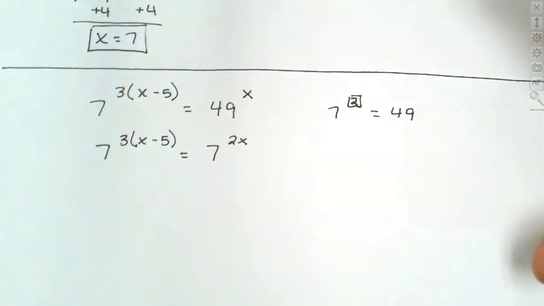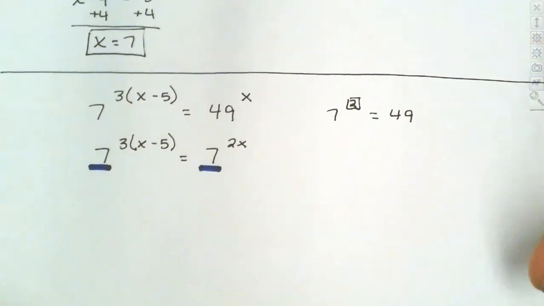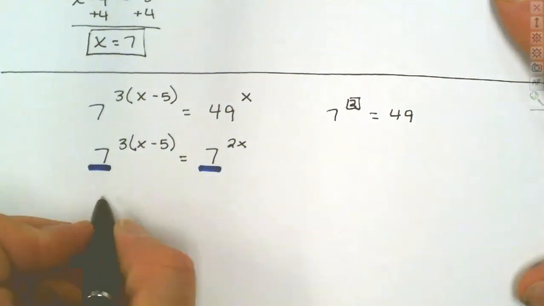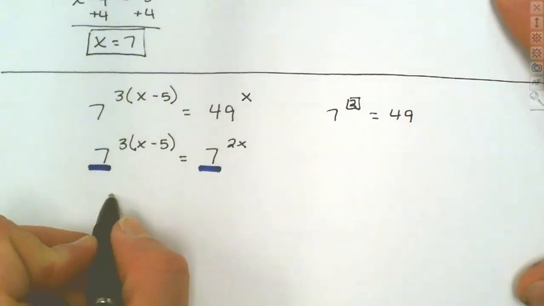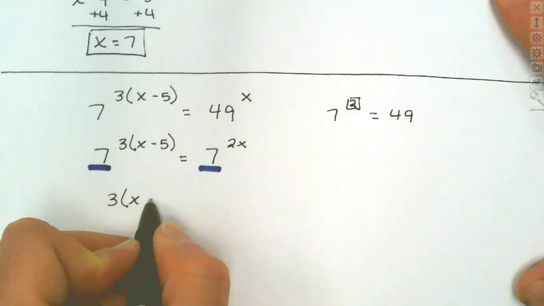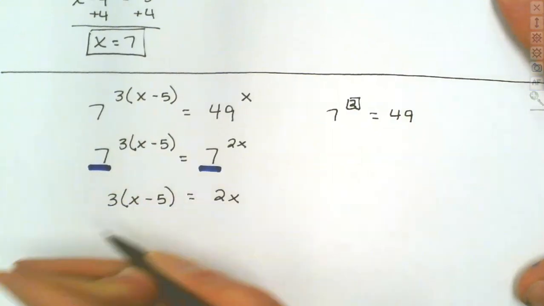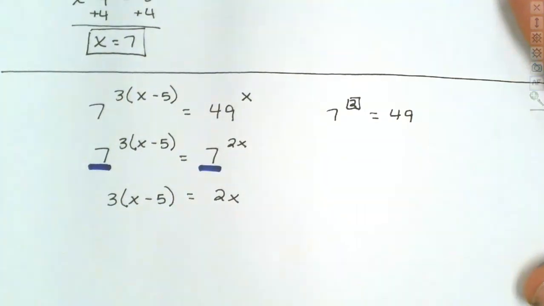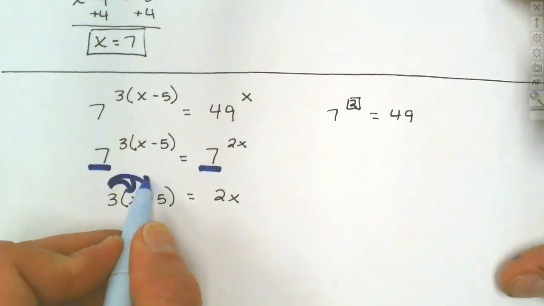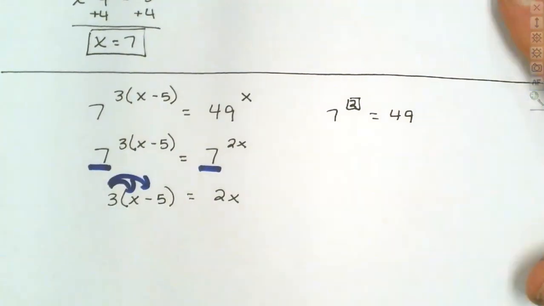What do we know? We know that the bases are the what? Same. So then the exponents must be the same. So what does our equation become? It becomes 3 times x minus 5 equals that 2x, doesn't it? Distribute that 3 through. And now we've got something that we can work with.